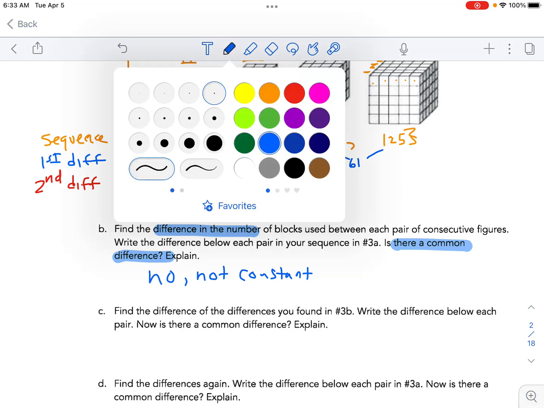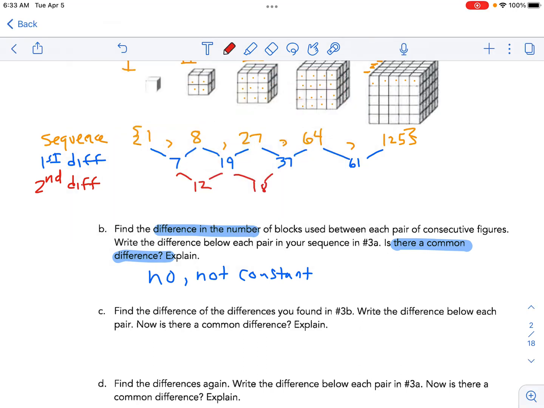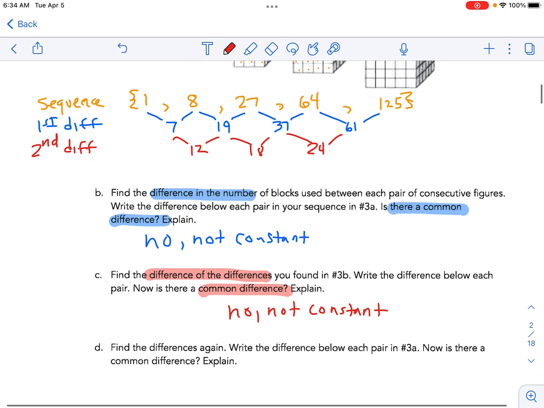So that is 18, it looks like. And then this is, let's see, 37, 47, 57, 24, that looks like. So still not constant. So is there a common difference now? We're looking at the difference of the differences, and the answer is still no. It's still not constant. So we're going to do this again.